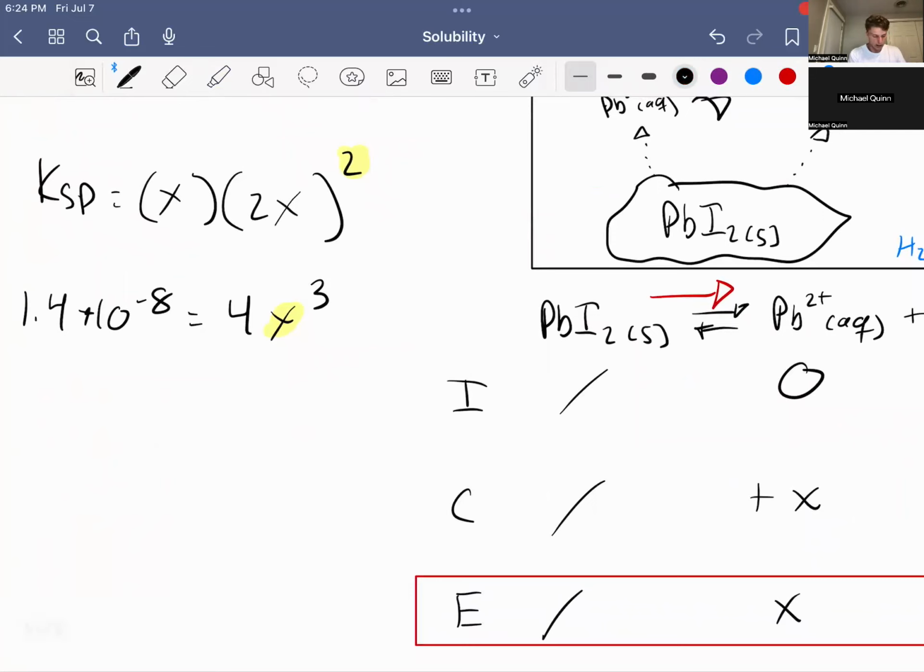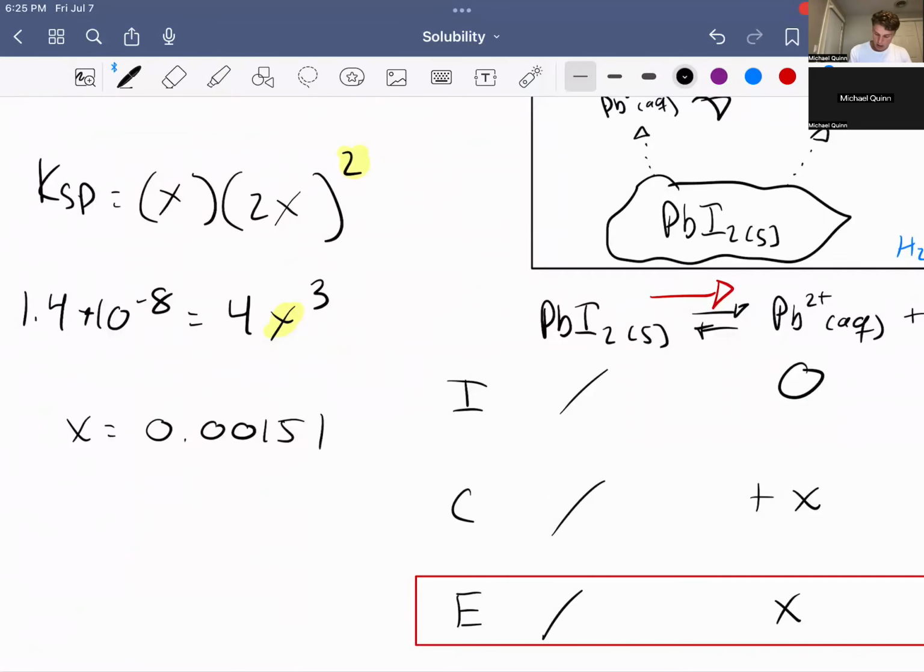So I'll pull out my calculator. 1.4 times 10 to the negative 8 divided by 4, and take the cube root of that. I get X is equal to 0.00151.